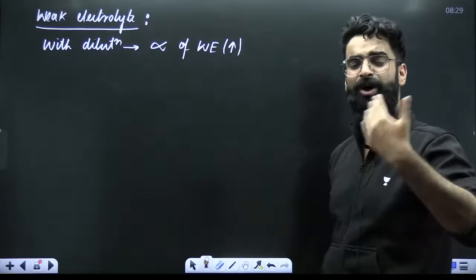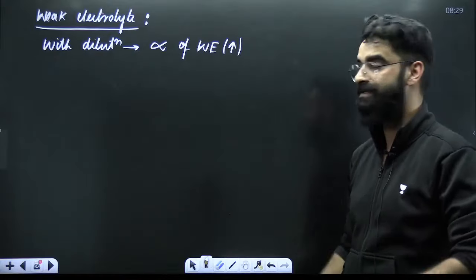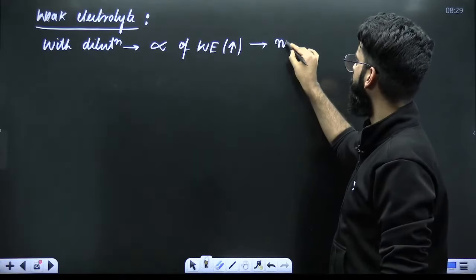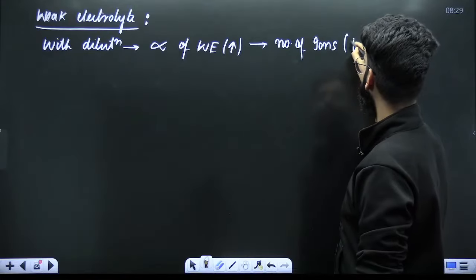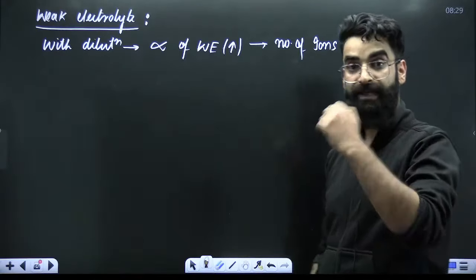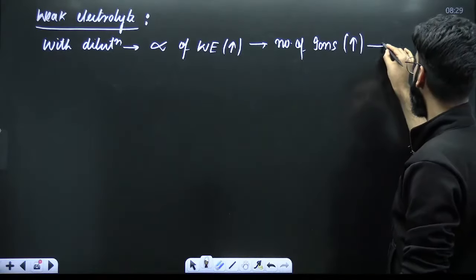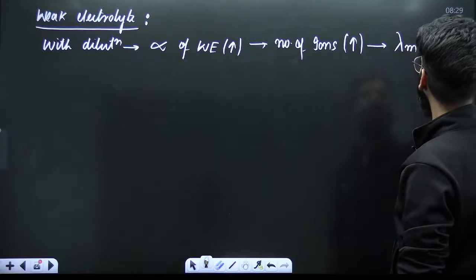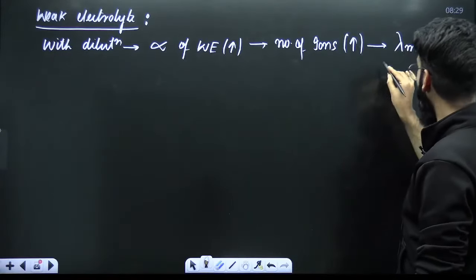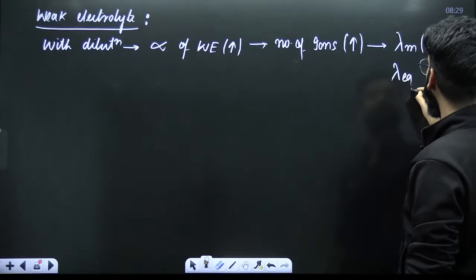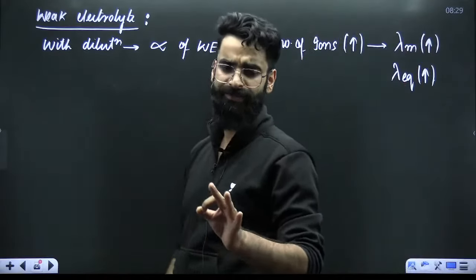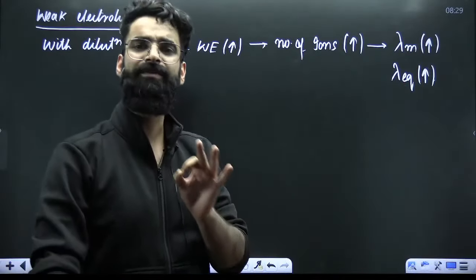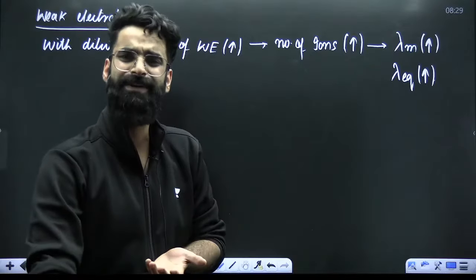Now, if the degree of dissociation increases, can I say the number of ions in the solution is increasing? If the number of ions in the solution is increasing, I directly say the molar conductivity of the solution increases, as well as the equivalent conductivity of the solution increases.